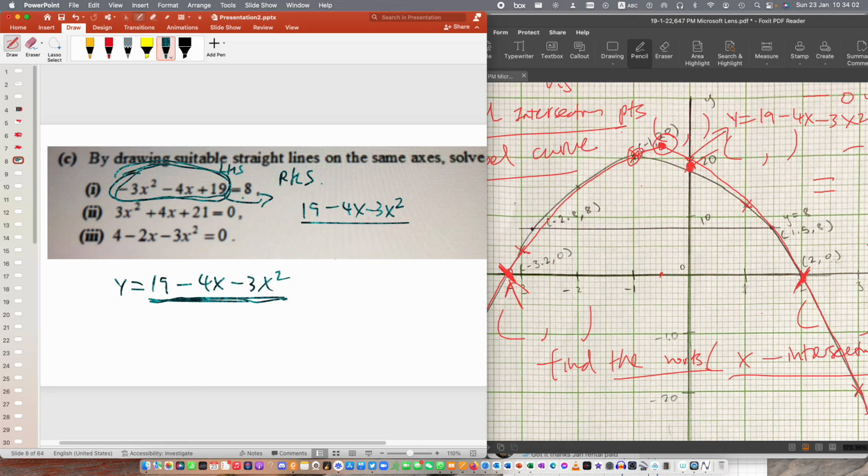What I have done is rearrange this into this format. I bring the 19 to the front, then this is still here, and then I bring this back, and you will see that actually this whole left hand side is exactly like my y. So equals 8, right? This is the concept of simultaneous equations.